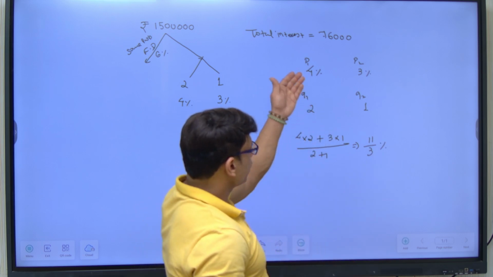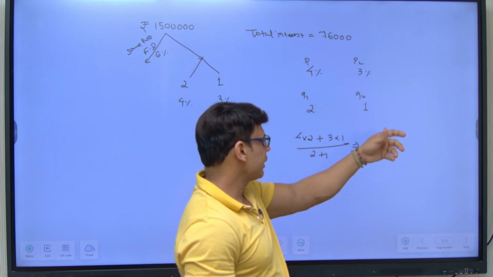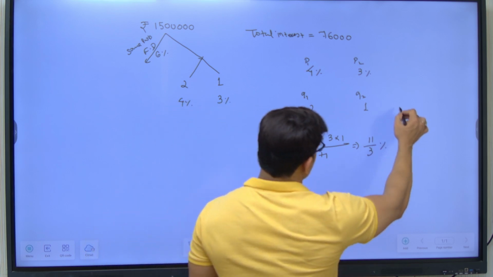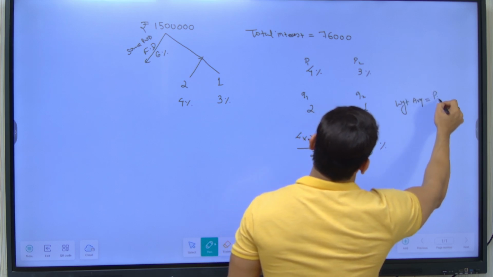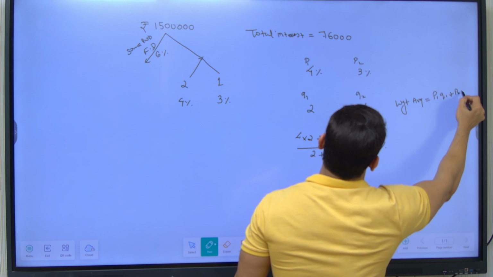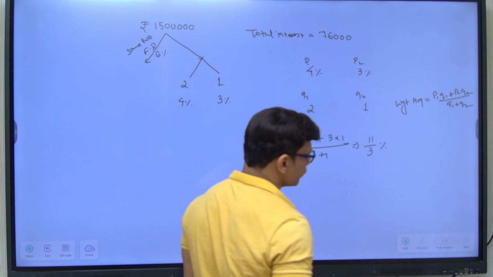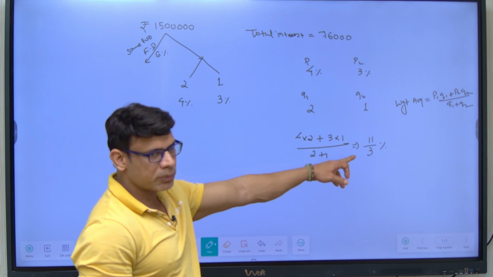That means at 4% you're putting 2 parts, and at 3% you're putting 1 part. The weighted average formula is P1 Q1 plus P2 Q2 divided by Q1 plus Q2. When you use this formula, you'll get this value, 11 by 3.